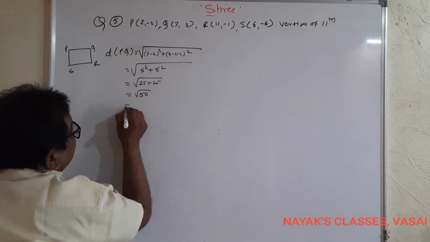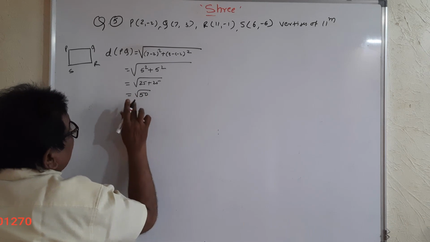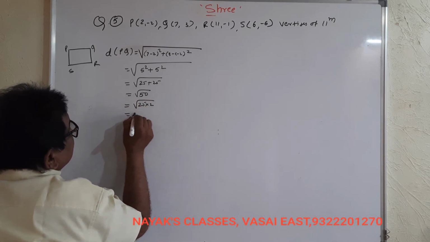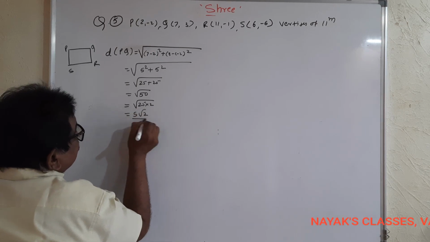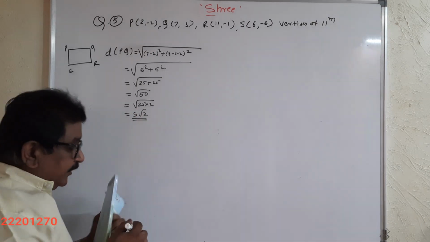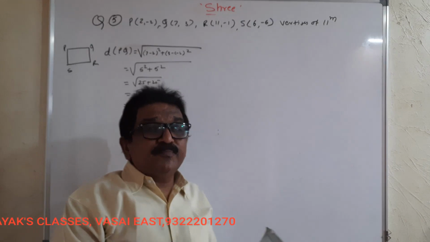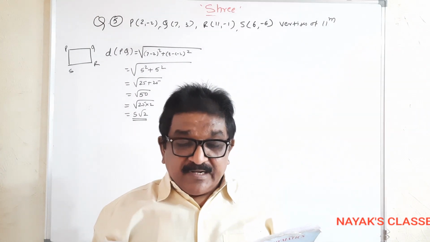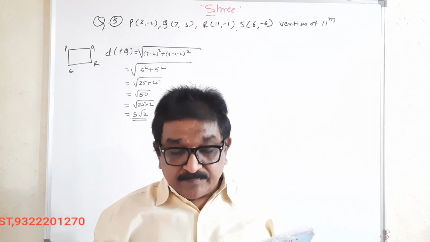Root 50 is under root 25 into 2, which is 5 root 2. We have to prove that these are vertices of a parallelogram.